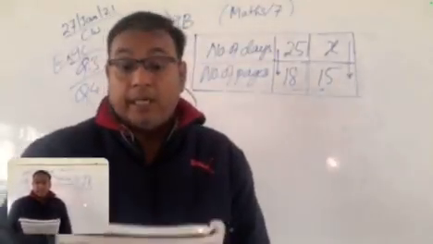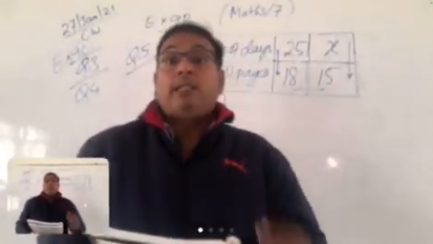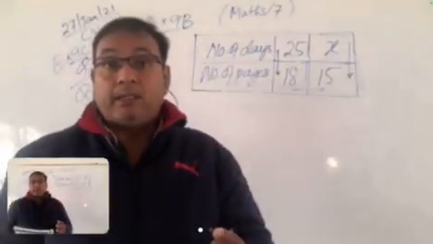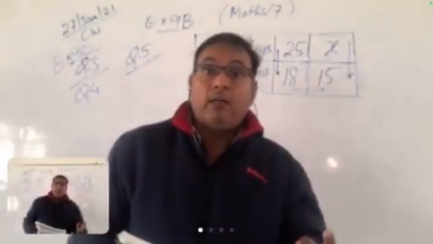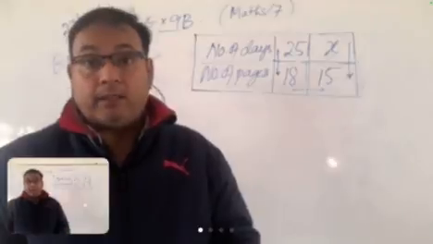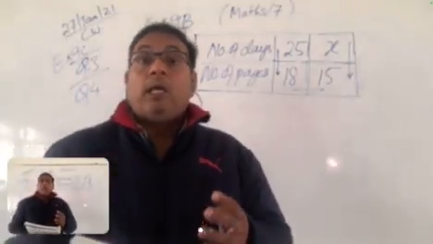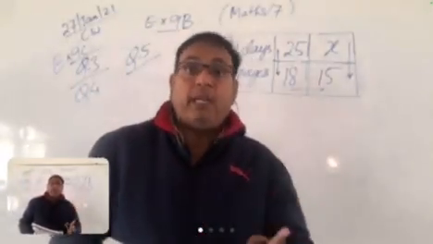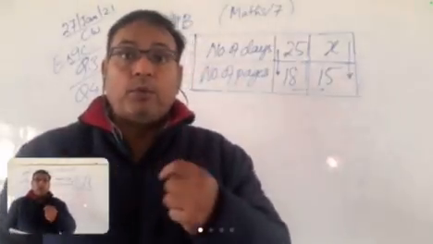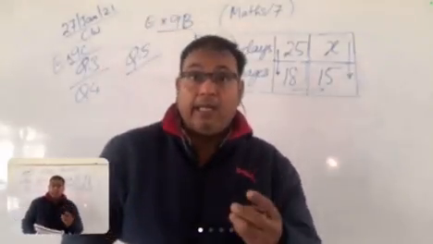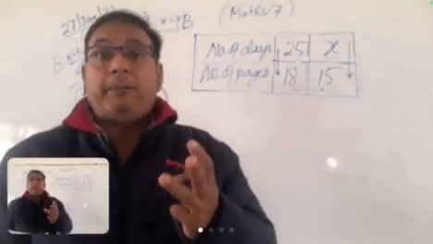If she reads 18 pages, then she reads the whole book in 25 days. And now she wants to read 15 pages, which means she reduces her reading by 3 pages a day.